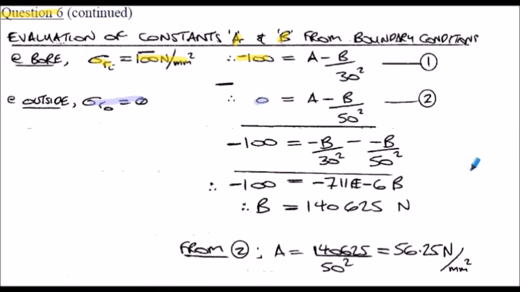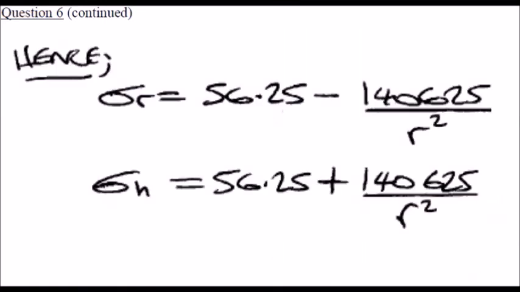That generates our two equations, which again we solve simultaneously, and we calculate the value of constant B to be 140,625 newtons, from where we can find constant A, which is 56.25 newtons per millimeter squared. So now we can write our radial stress using our constants A and B. That's 56.25 minus 140,625 divided by R squared. And the very similar equation for the hoop stress is just that there's a plus between the two terms.